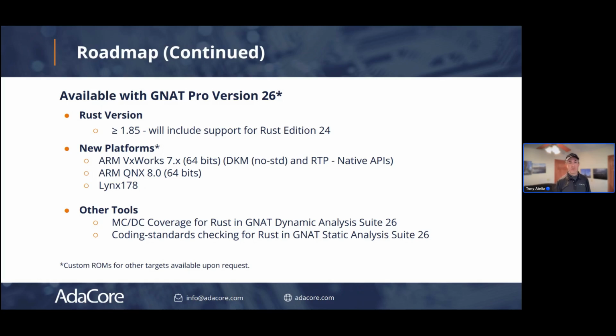If there is a port that you don't see listed here that would be important to your adoption of Rust, you should reach out to us and let us know. As with Ada and C++, we are ready and able to port Rust to custom architectures, to custom platforms, according to your needs, and we would be happy to provide a ROM for that.